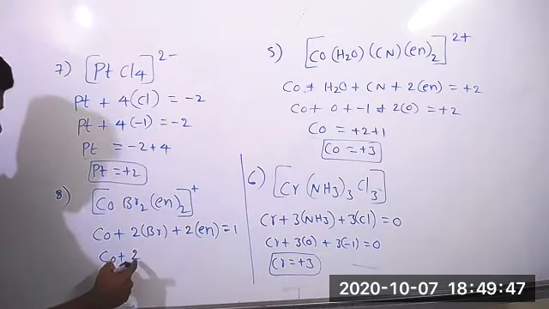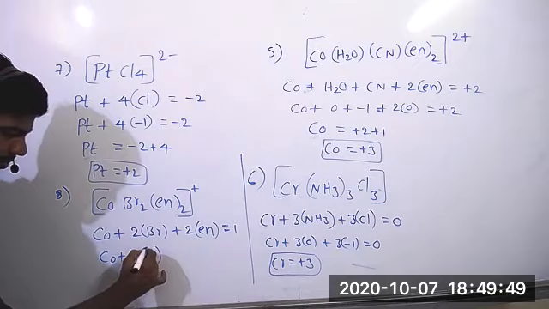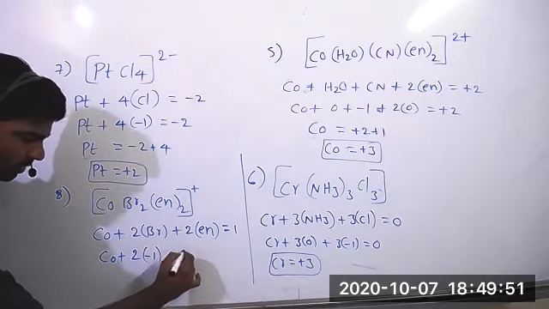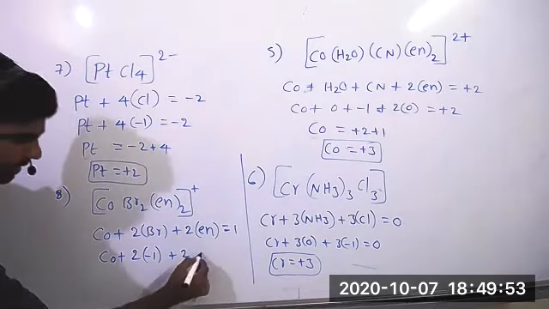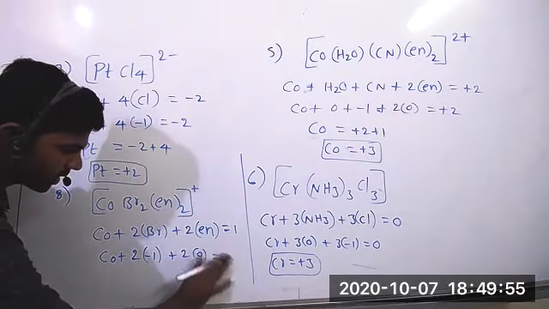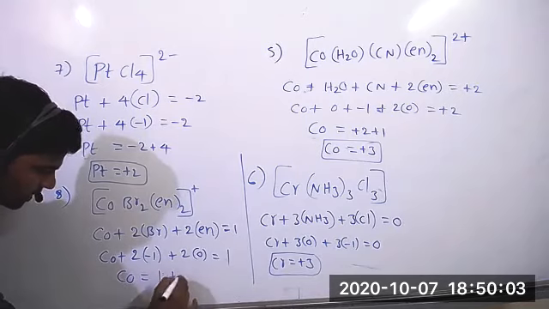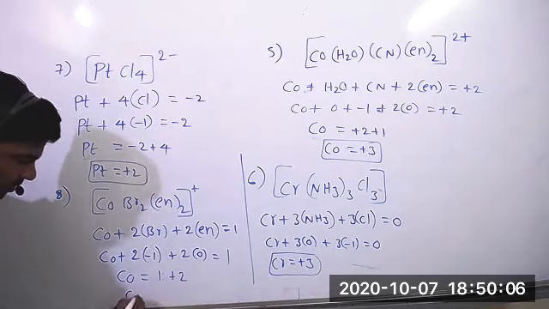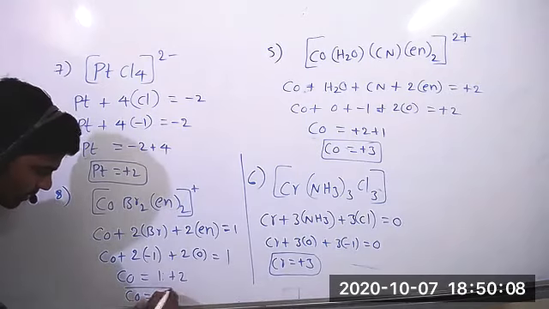So will it be -1? Yeah, -1. Chlorine, bromine all carry -1, plus 2 into 0, ethylene diamine 0, equal to 1. So Co equals 2... 1 plus 2, 3. Sorry, yes, plus 3.